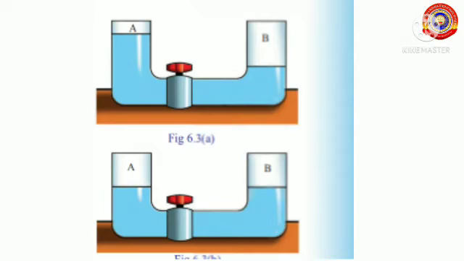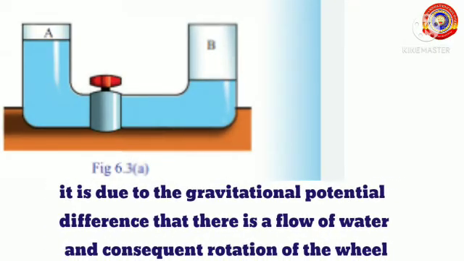Observe these figures. Here you can see two figures. If the valve is opened in both of the figures, in which one will it be possible to have water flow? Yes, it is the first figure and the flow is from A to B. What is the reason for that? It is due to the gravitational potential difference that there is a flow of water and consequent rotation of the wheel.